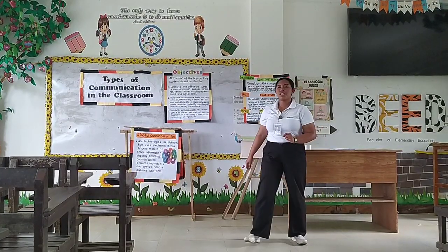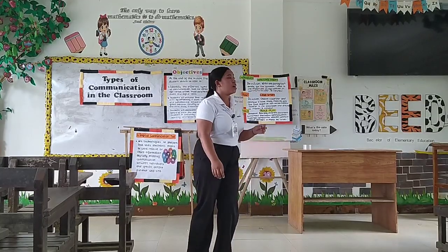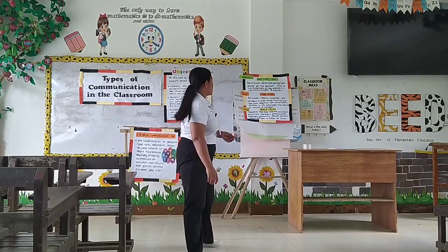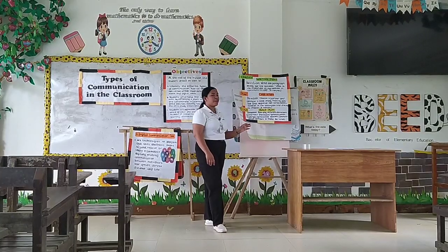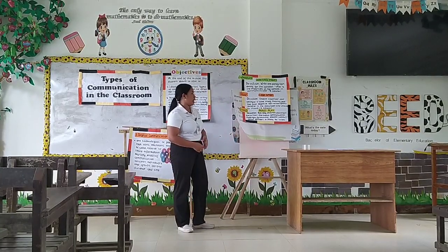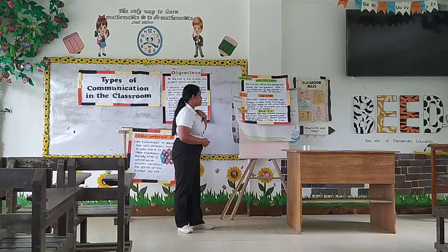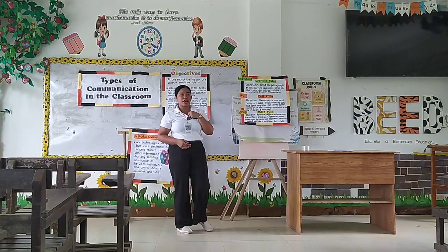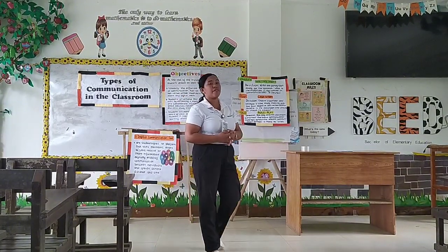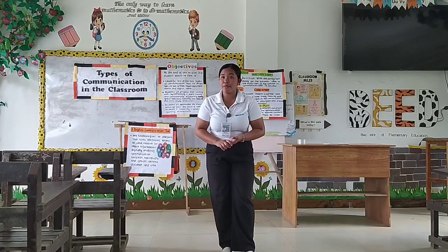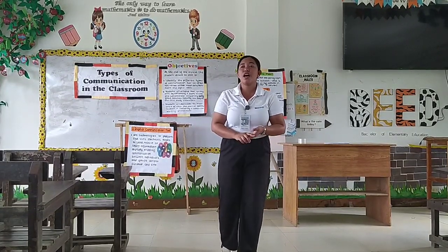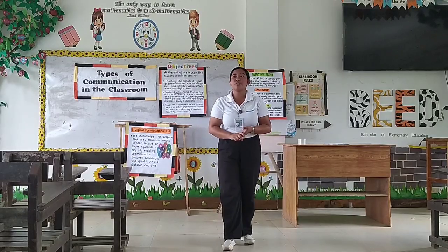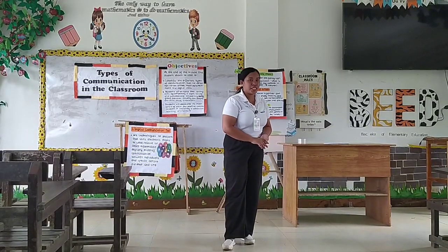Now let's proceed to the next activity, which is the group activity. Everybody read? You're going to have a role play of different classroom scenarios that involve communication. Our rubrics here: we have creativity 5%, clarity and delivery 5%, and collaboration 5%, a total of 15%.